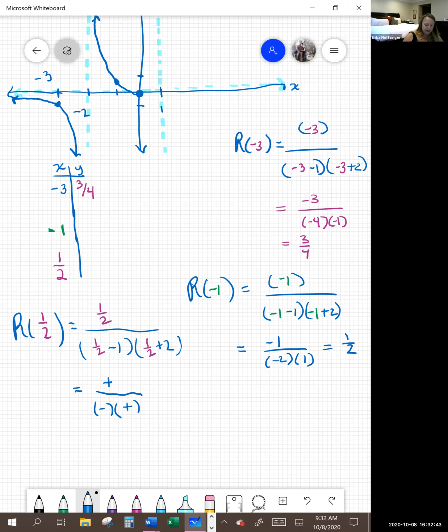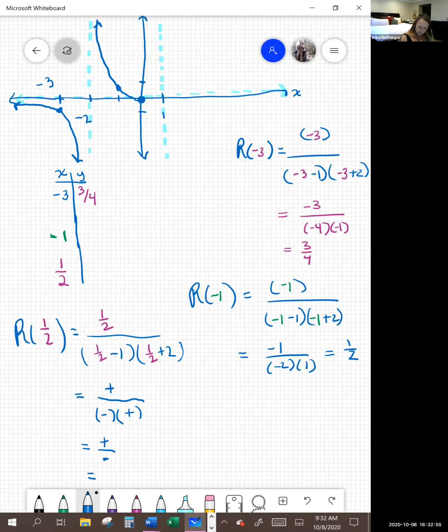So notice that positive over a negative is negative. And so I really just wanted to show that it was going to be below the x-axis there. So when x is positive 1/2, we fell below the x-axis. So the graph is going to be looking like this.